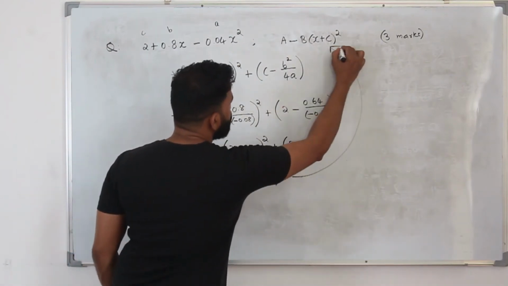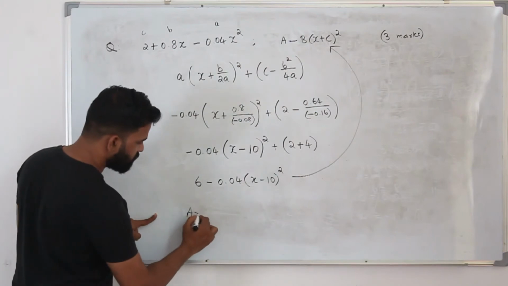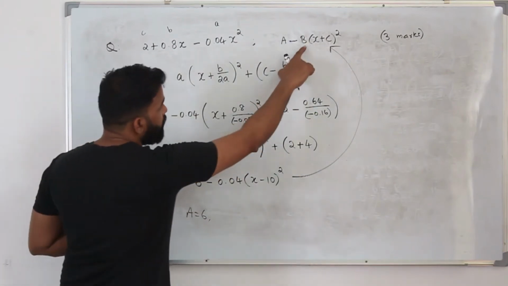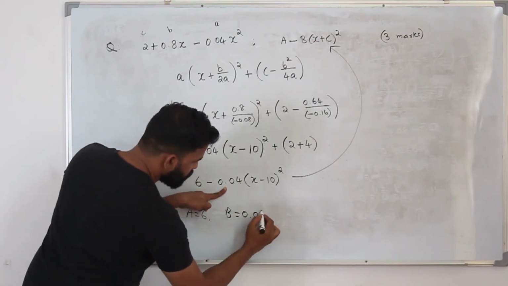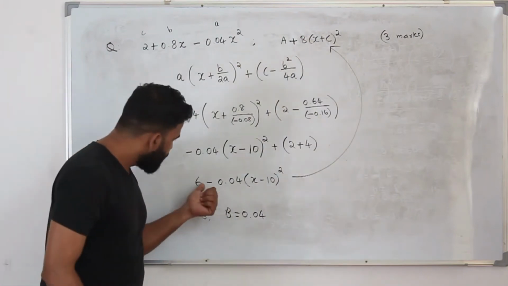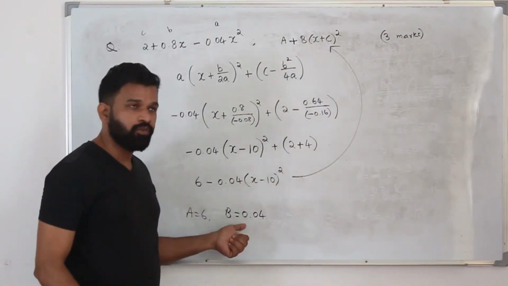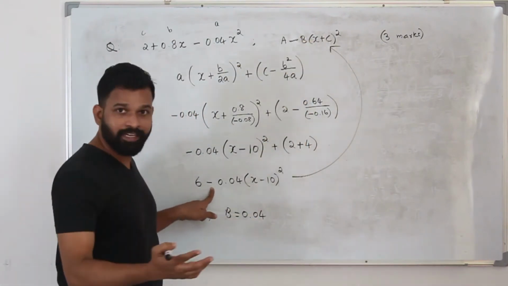Compare this with this expression. You see, your a is 6. Your b is this number, only 0.04. If you are given plus b here, you need to take negative 0.04, but you are given minus b, so leave the negative sign for this negative.